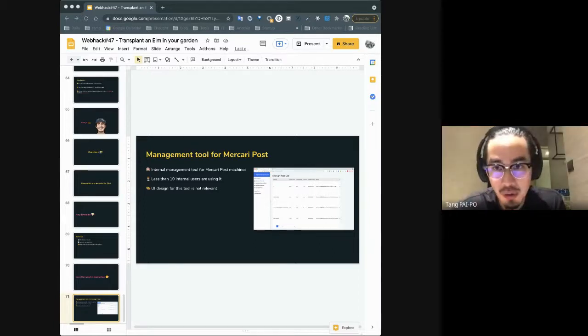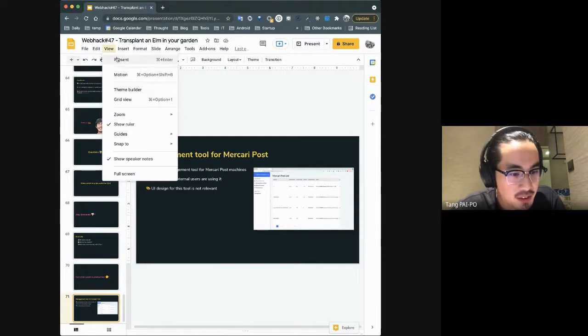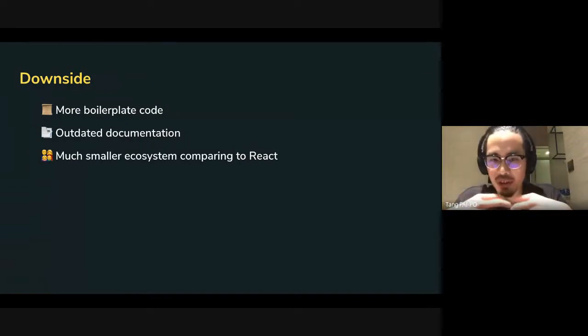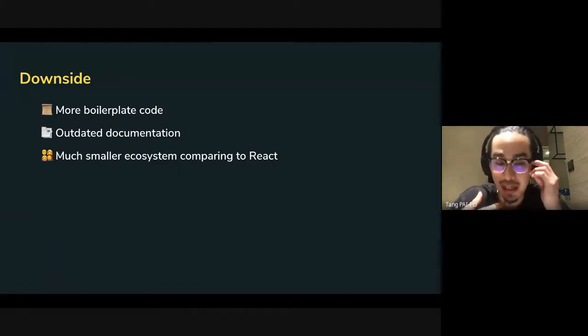Okay. To answer these questions, I actually prepared another slide, where I talk about some downsides. First of all, you mentioned server-side rendering. As far as I know, Elm doesn't support server-side rendering out of the box, and if you want to use it, you probably have to do it on your own.